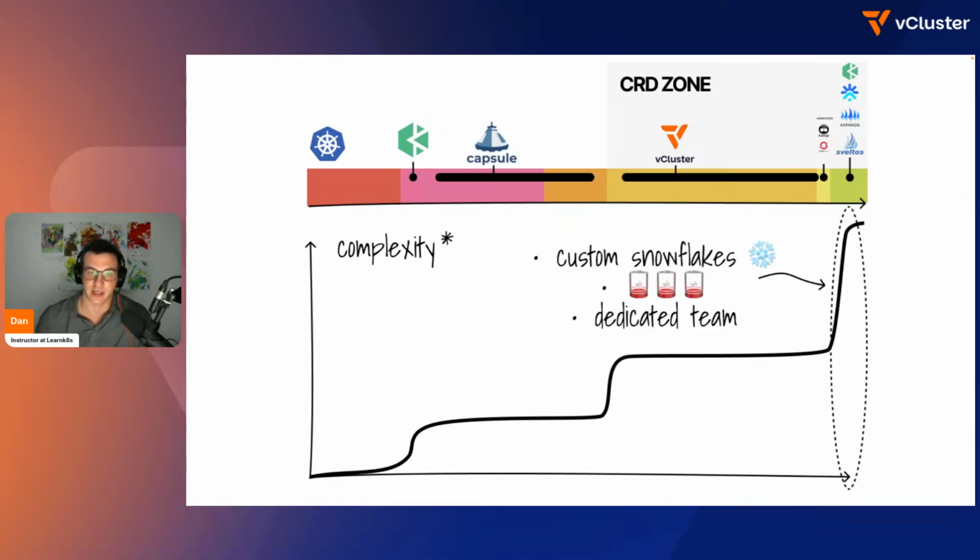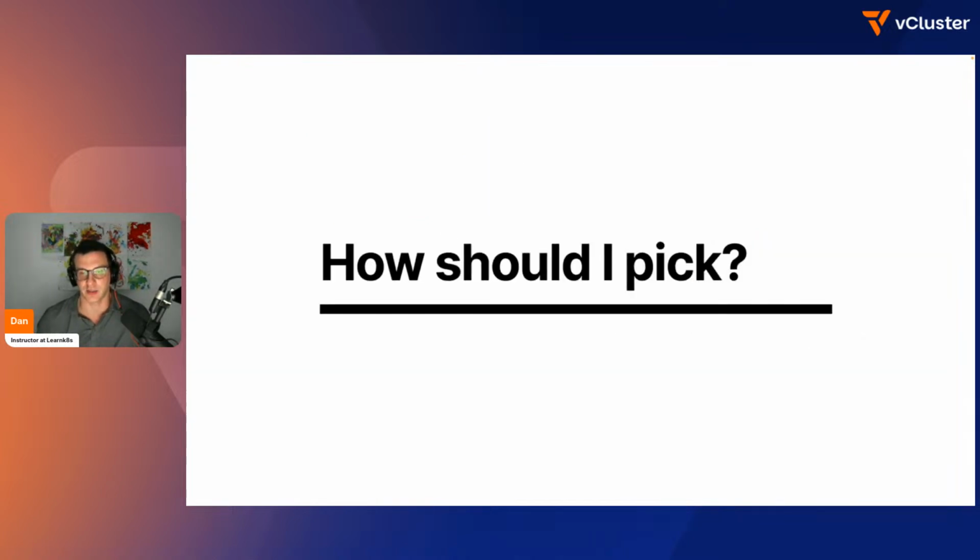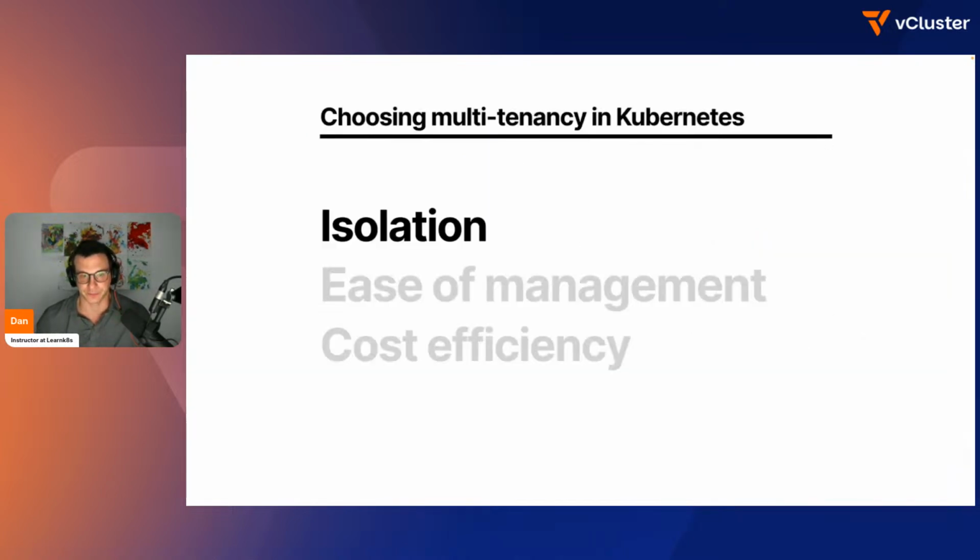And then at the end of the scale, these tools don't provide anything. They provide only blocks that you need to put together. You end up with custom solutions most of the time. So you might use Karmada, which just provides you a way to manage workloads, but how do you solve networking? How do you solve storage? So you end up building your own platform with your own things, which is a custom snowflake. And usually you need a large team to fix that.